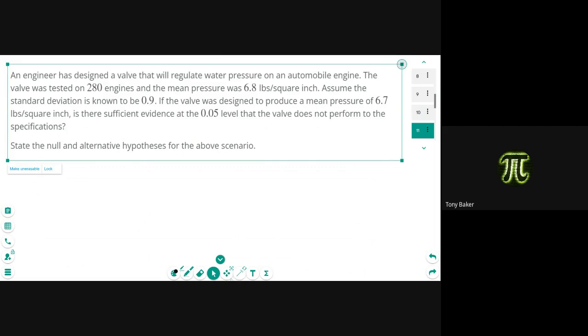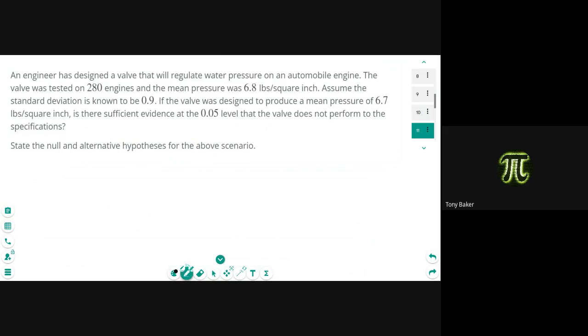Here's an easy one for you. What's the null hypothesis and the alternate hypothesis? Well, the null hypothesis is 6.8, not equal to 6.8 or less than. So there are two pieces of information you need to tell me.